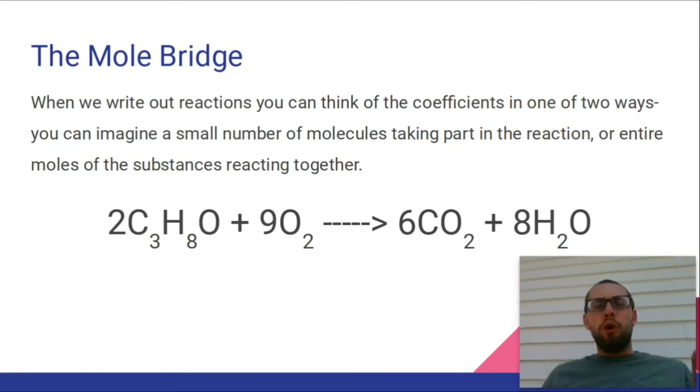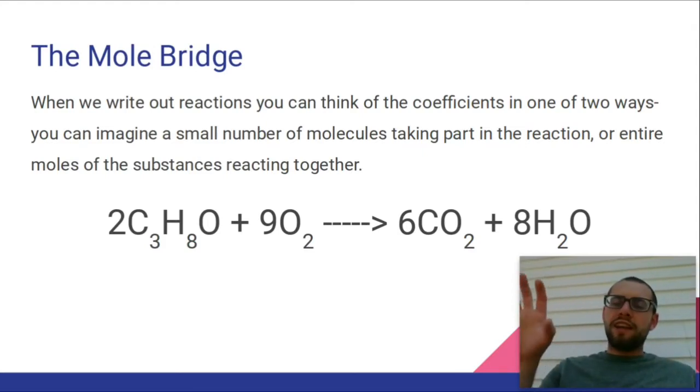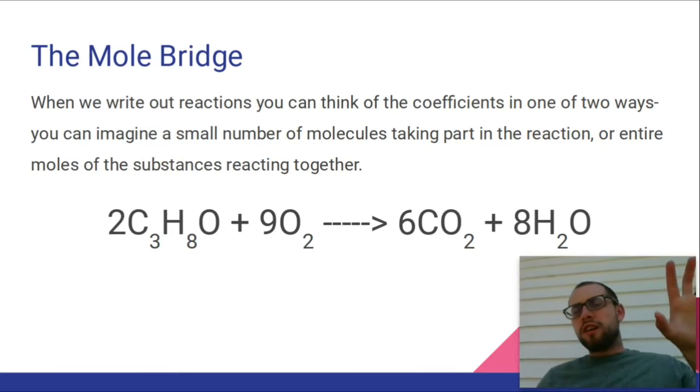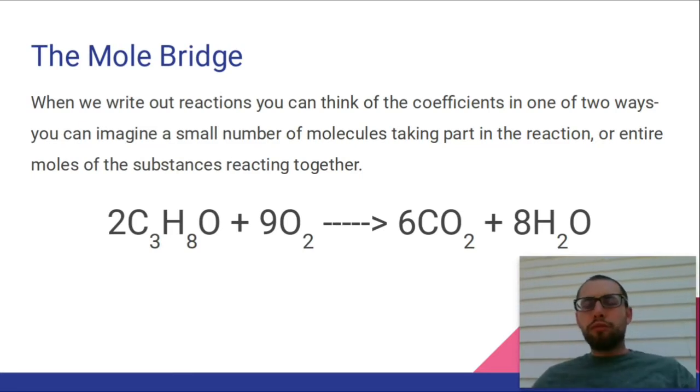So when we talk about the mole bridge, it's like a ratio. It's a bridge, a connection between our reactants and our products. The mole bridge is a set ratio between the coefficients of the reactants and the products. I'm going to end up saying that a few more times.